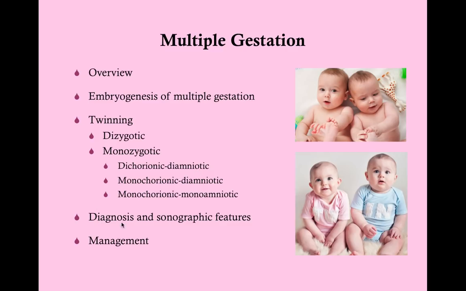We'll talk about the diagnosis. This is really a sonographic diagnosis, so we want to be able to point out the sonographic features which will help you determine either the zygosity or the chorionicity and amnionicity. And then we'll talk about the management.